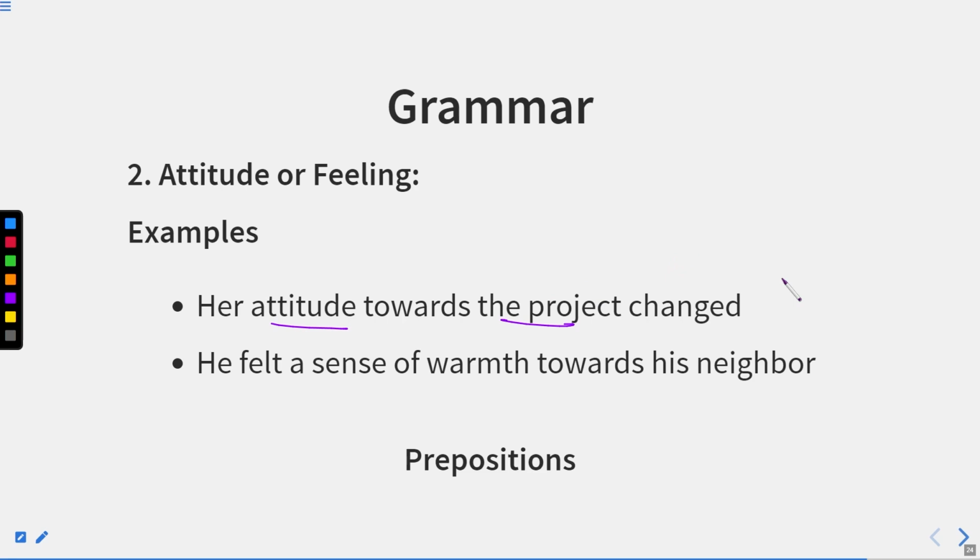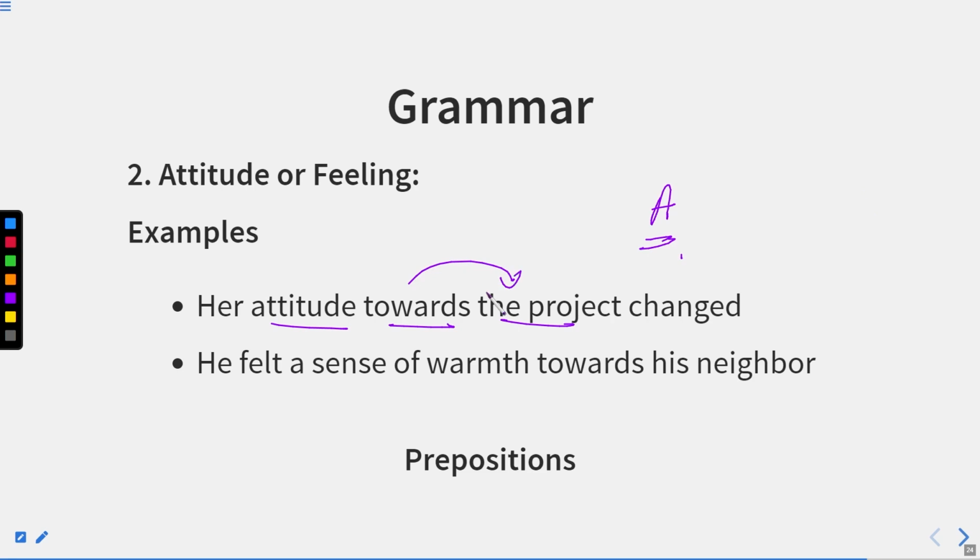For example, there is a person A, and he was very serious about a project. But now, day by day, I'm seeing that he's not taking that project seriously. So his attitude towards that project, it means his attitude for that project, or his behavior of doing that project has changed. So we can use towards to show the direction or the focus on that particular work.